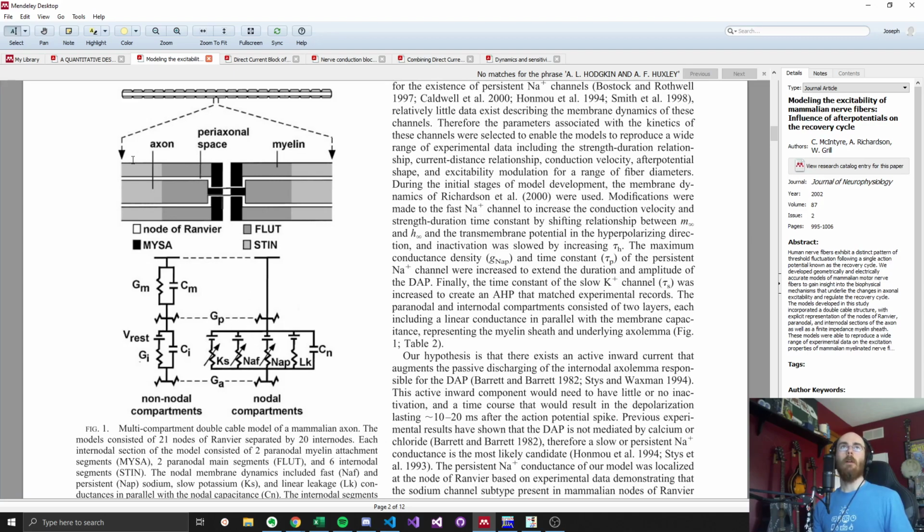And then we also have to take into account what the myelin has to do with this set of electronics. The myelin just has a leak current, a conductance through the membrane, and that membrane also has some capacitance. We model that with a resistor and a capacitor.